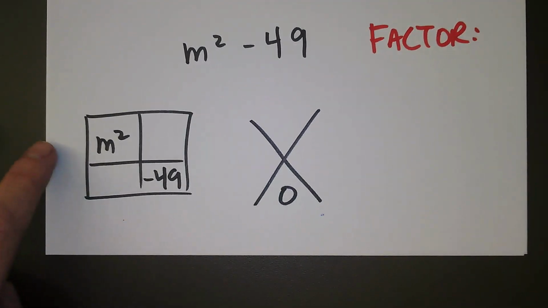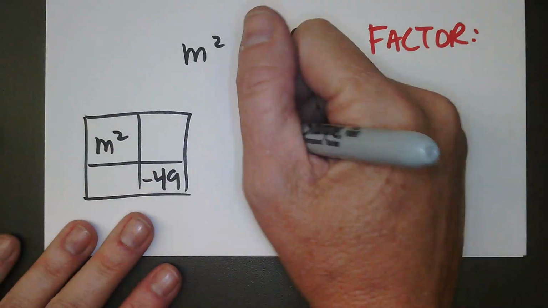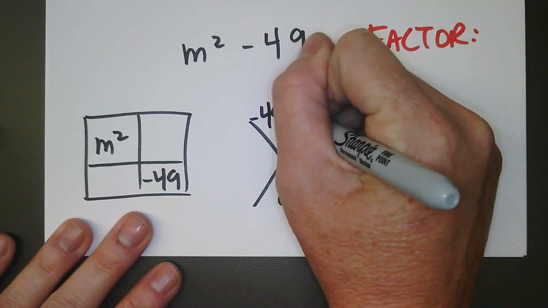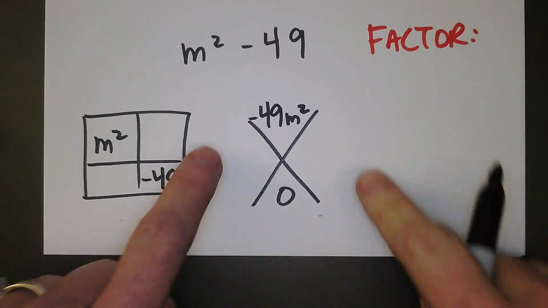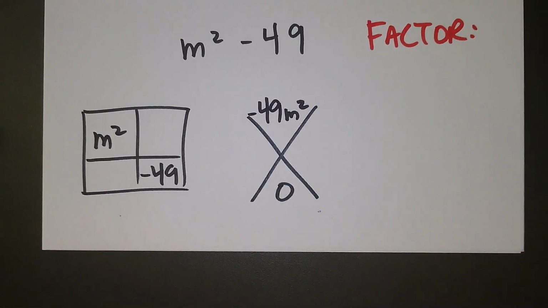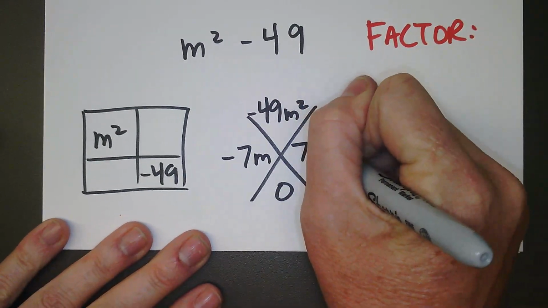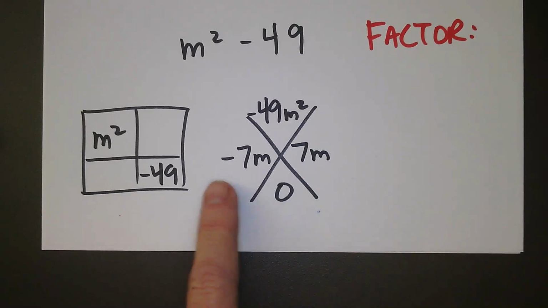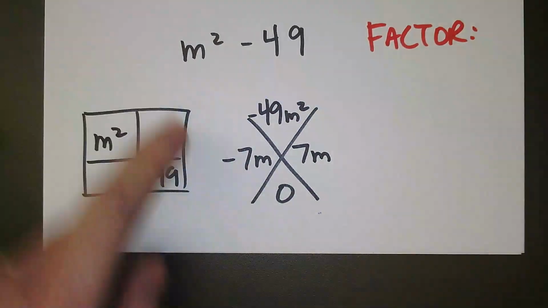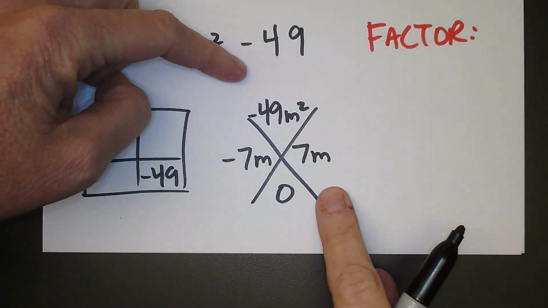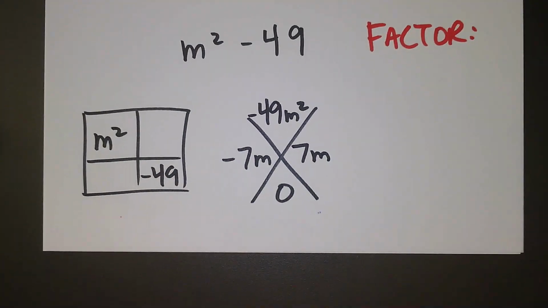But they have to have this multiplier, m squared times a negative 49, so negative 49 m squared. So I need two numbers that will add to 0, meaning they have to be opposites, and multiply together to be a negative 49 m squared. And the only way to do that is with 7 and 7. 7 times 7 is 49, and if I make one of them negative, they'll multiply together to be a negative, and then they'll add to be 0.